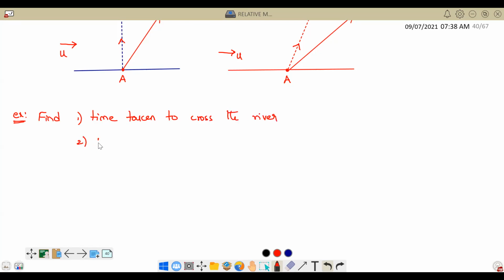Second, the displacement along the length of the river. What is this term called? Drift, sir. Basically, they are asking for drift.